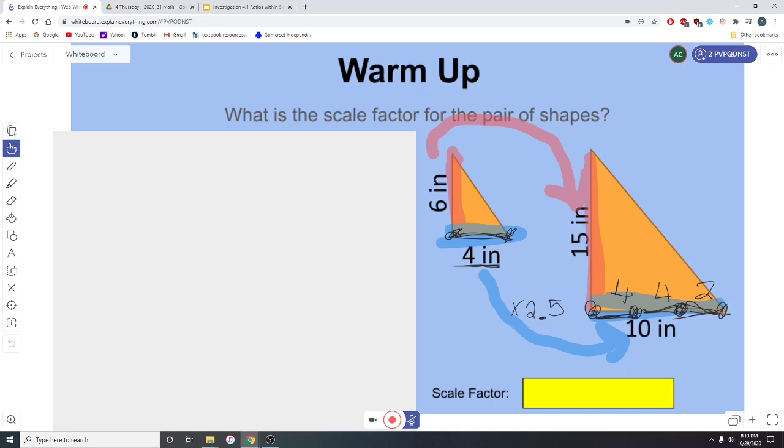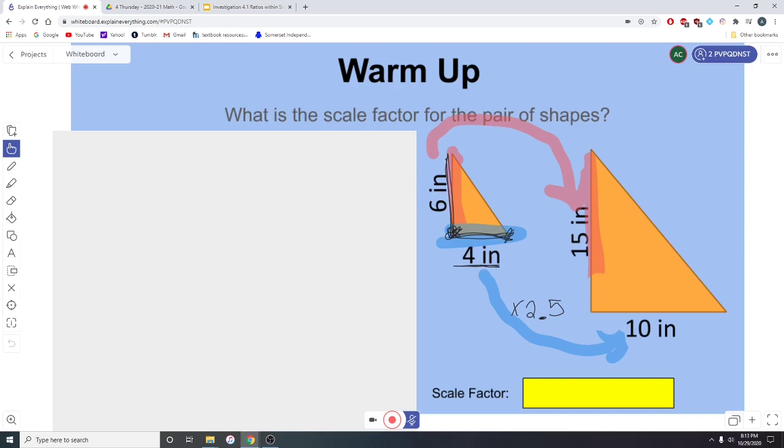It should come out the same for the other side as well. So let's erase this and see if that is true. For this side right here, we're going to see how many 6s it takes to fit this 15.